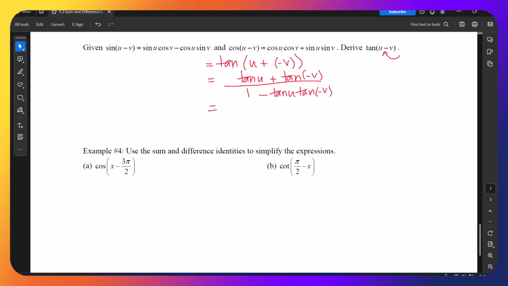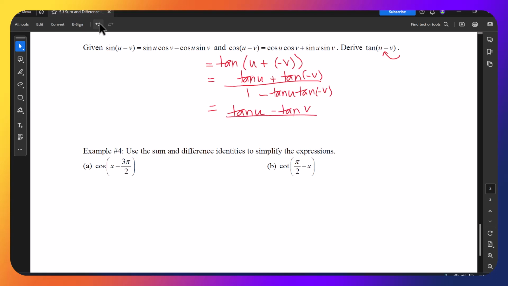Okay, simplify further. We've got tan u. We know tangent is odd, so I can take this negative out and place it in front of tan, making the plus a minus, tangent of v.